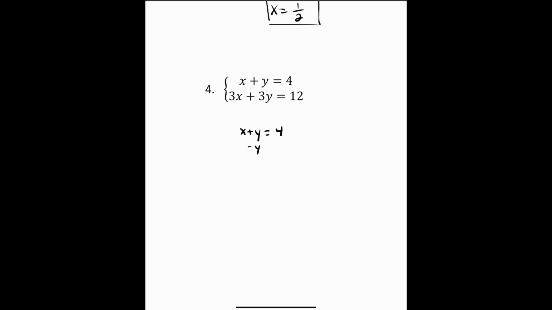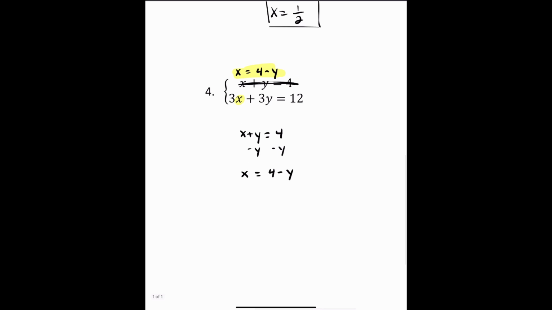So I'll subtract y from both sides, and I get x equals 4 minus y. All right, so I don't need this equation anymore because I rewrote that as x equals 4 minus y. Now, if x is 4 minus y, I can replace this x with this expression here, that 4 minus y.